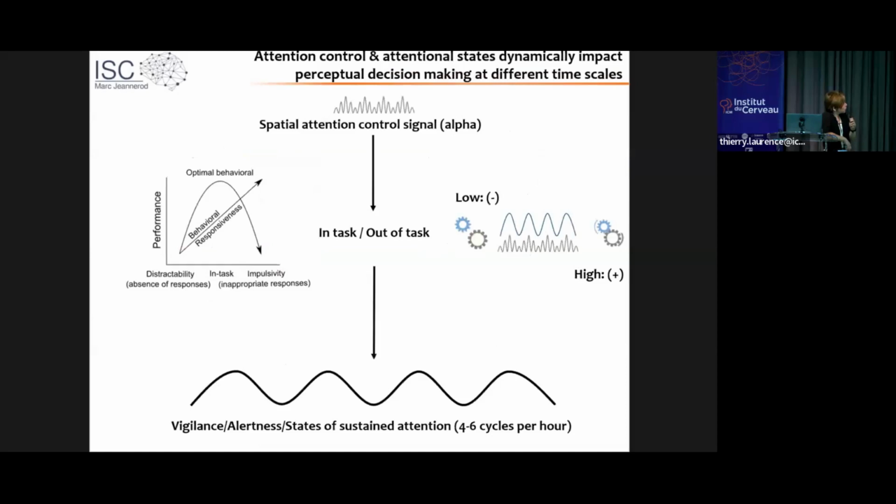And this brings me to my conclusion, which is the fact that the contribution of attention to perceptual decision-making seems to involve multiple mechanisms at multiple timescales, starting from a spatial attention control signal at an alpha frequency, mechanisms controlling in-task, out-of-task behavior in the neuronal populations, and much slower rhythmic mechanisms that we could term vigilance, alertness, or whatever, at 4 to 6 cycles per hour.